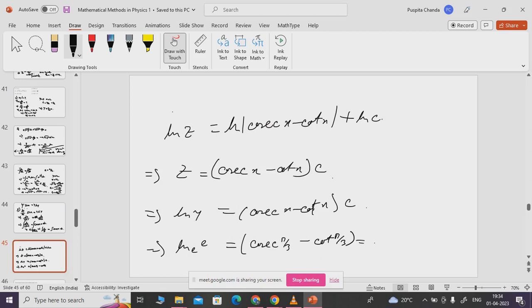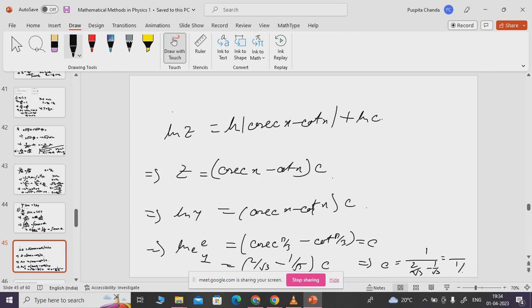Here y is equal to e when x is equal to pi by 3. So y is e, so ln e will be 1. Cosec pi by 3 minus cot pi by 3 is equal to c. It will be 1, and cosec pi by 3 is equal to 2 by root 3, minus 1 by root 3, times c.